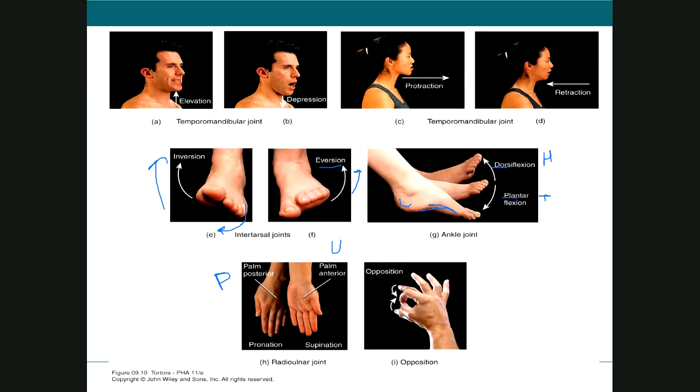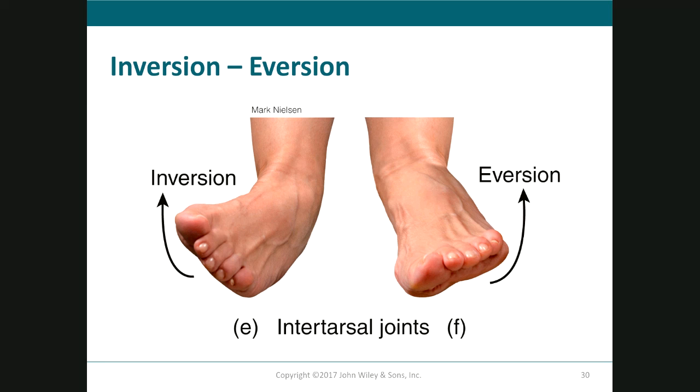And opposition is where you connect your thumb to the fourth finger. No, I'm sorry, second. So this is considered 1, this is considered 2 in the hand, and then this is 3, 4, 5. That's how we number our fingers in the hand.